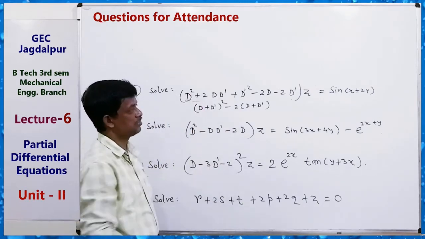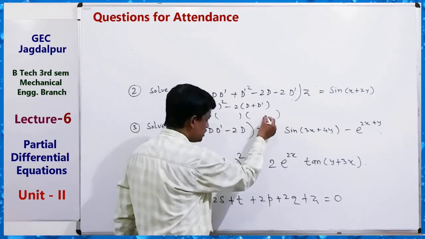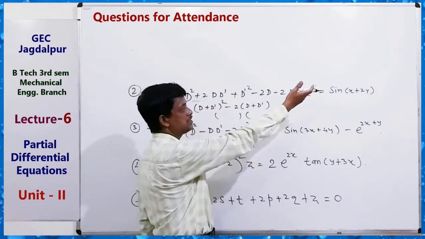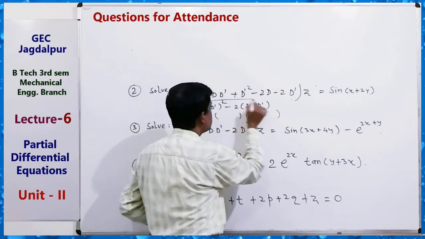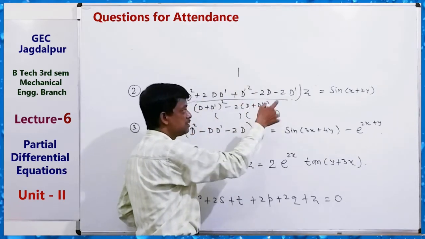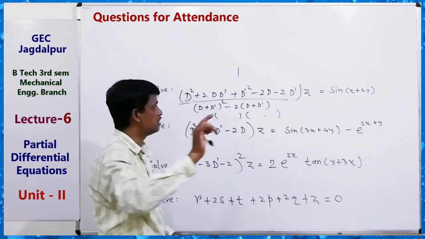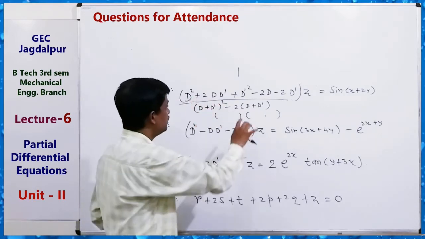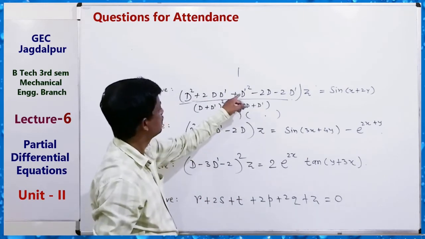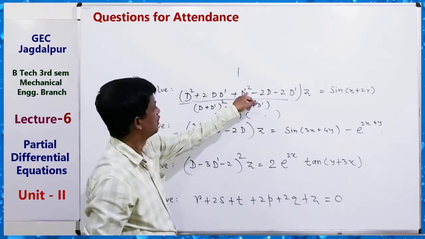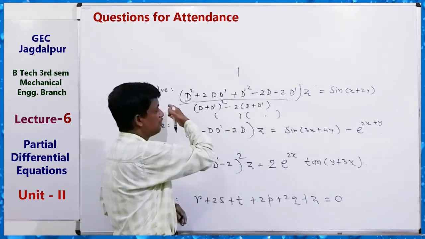So you can write CF. And after getting the factorization, for PI you can directly apply 1 upon f(D, D dash) on sin(ax plus by). D square means minus a square, D D dash means minus ab, D dash square means minus b square. And then it can be solved.